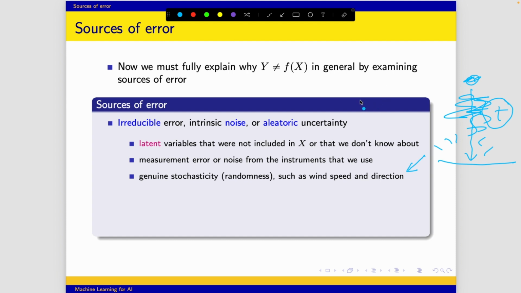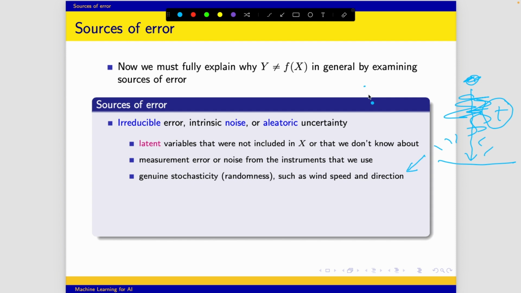So there are all sorts of examples, and then there's human behavior. If you go back to the example of clicks and purchases, one day a person might decide to click, and the next day, under exactly the same conditions, they may decide not to click. Now, there might be some other factors, latent factors, of which we are not aware, such as the mood of the person, life events, and things like this, which mean that one day they might click and the next day they might not click. But it might just be pure randomness in the way people behave.